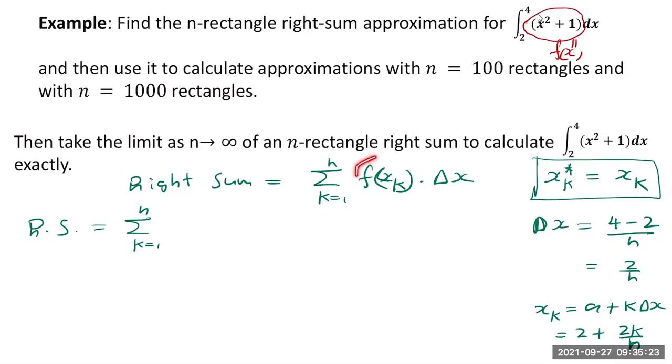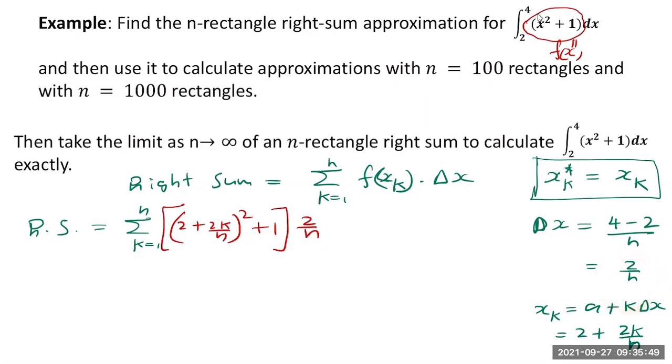Now I can find f of xk by plugging my xk in the function f of x. My xk is, of course, 2 plus 2k over n. So you get 2 plus 2k over n squared plus 1, that is f of xk, times delta x. Delta x is 2 over n.